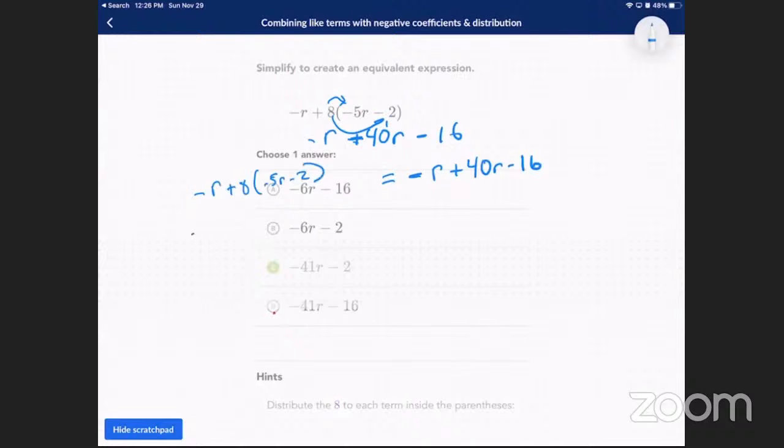It looks like the variable outside, this negative R, doesn't get put in there at all, even if it's a 1R. That's interesting.